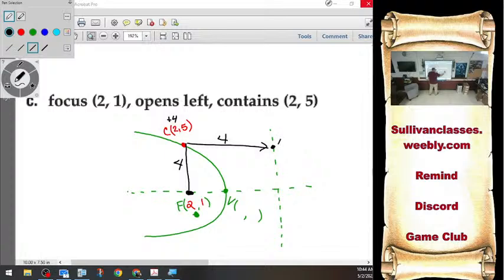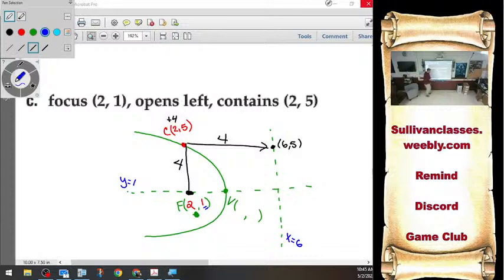Okay, so this is at (6, 5), which means my directrix is at x equals 6, and my axis of symmetry, y equals 1, the y value of the coordinate it goes through.